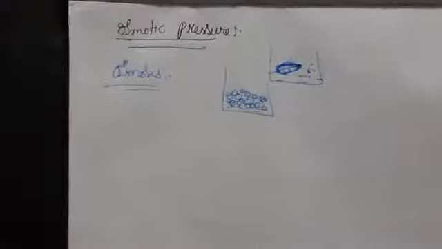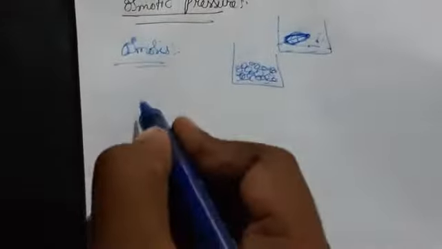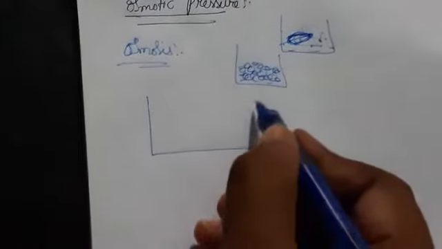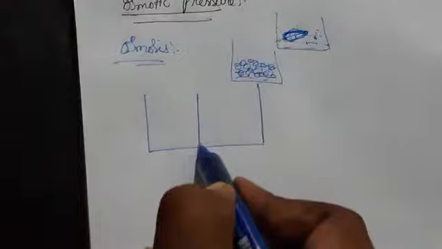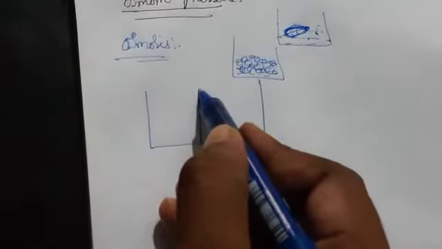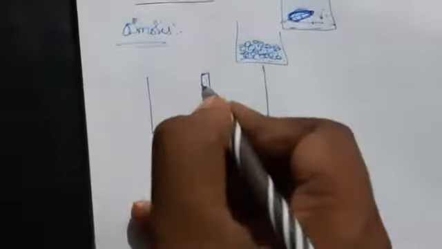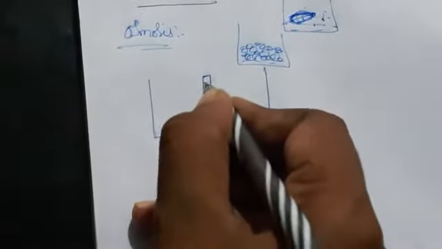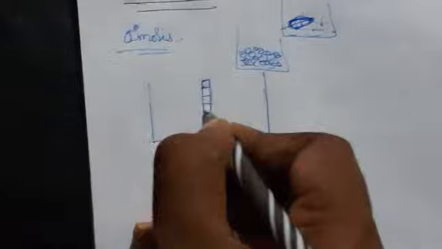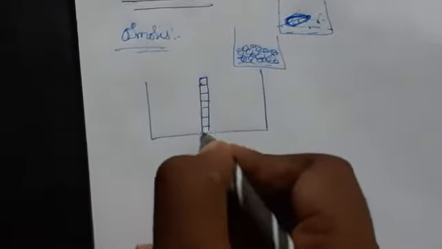This is about osmosis. One more example I am taking here. This is a semi-permeable membrane, which is having small holes like this. Small holes we are going to have.